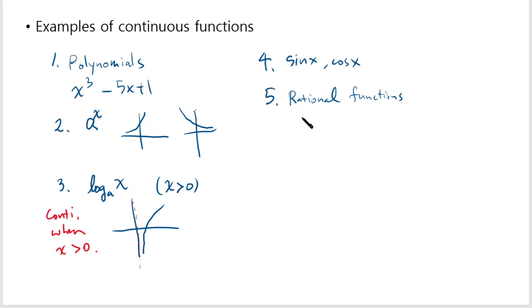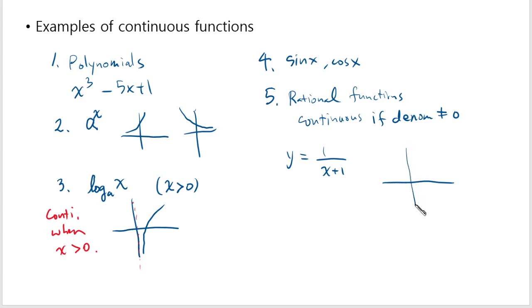These are continuous if the denominator is not 0. So let me explain this a little bit. Here is the graph of y equals 1 over x plus 1. The graph has a vertical asymptote at -1, and it goes like this, goes like that.